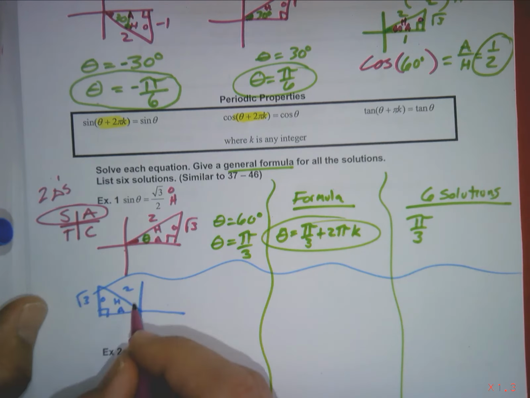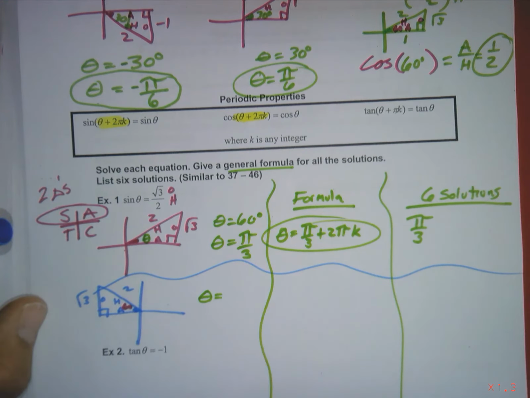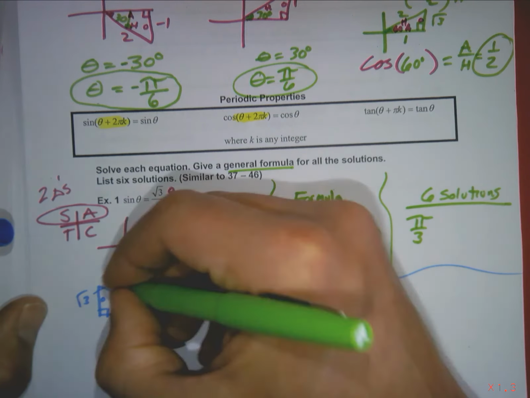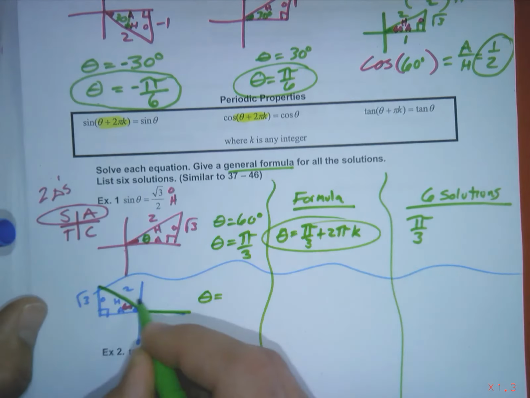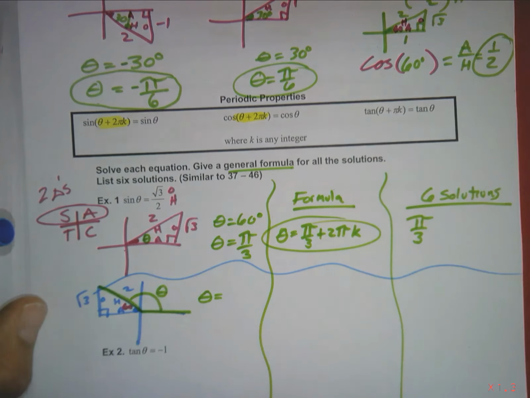Across from root 3, that's 60 degrees. Now we need theta, and theta is not 60 degrees. Remember, theta is from your initial side to your terminal side. That's theta, and it's always obtuse in quadrant 2. So what's that angle?